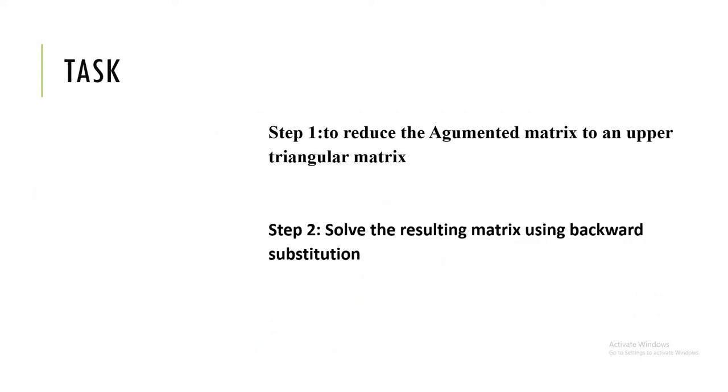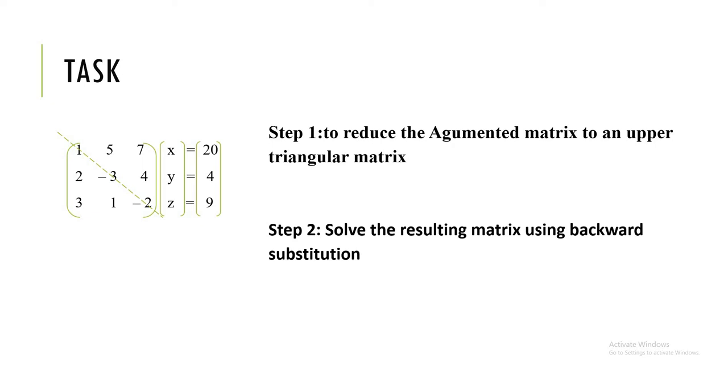Now, the task in Gaussian elimination is first to reduce the augmented matrix to an upper triangular matrix, and second, to solve the resulting matrix using a backward substitution approach. This is what we mean by an augmented matrix being transformed to an upper triangular matrix.